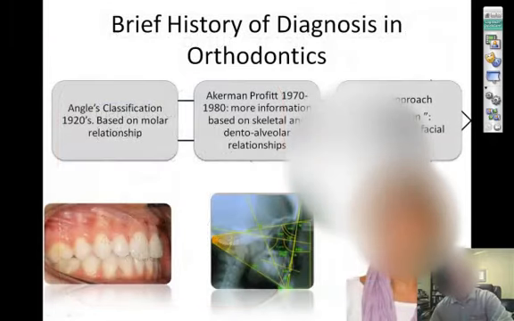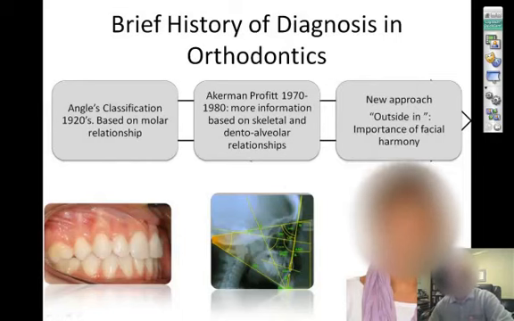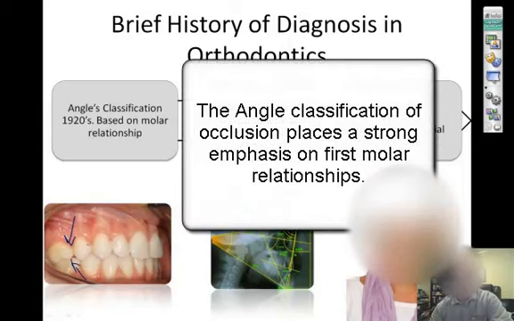The principles you're going to see are a little bit different from textbooks you may have read. So if you look at this slide, we have been trained as orthodontists, thanks to Dr. Angle's definitions, to look first at the relationship of the molars. Everybody looks at this. It's an accepted norm.